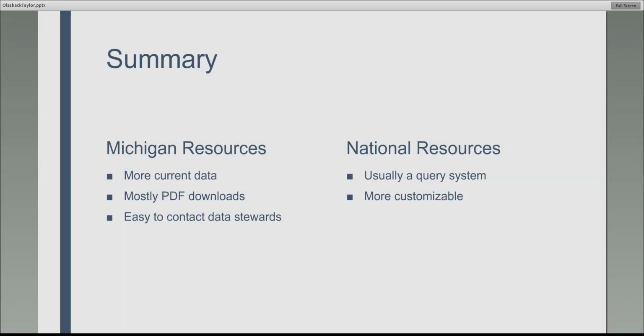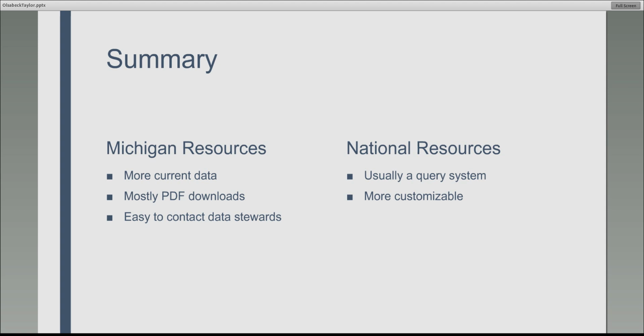So to summarize these sources, for the most part, the Michigan resources are going to be more current than what is at the national level, especially when it comes to the cancer registry data. However, most of the Michigan resources are static tables. The software is not as pretty as the CDC software is, and it's mostly going to be PDF downloads, copying and pasting numbers out of a data table.